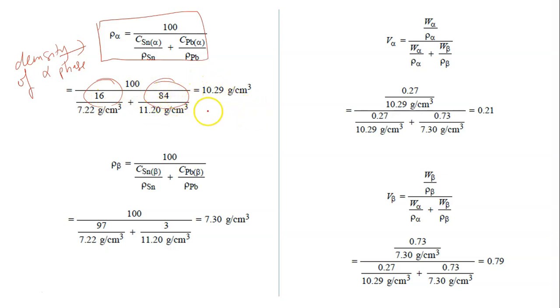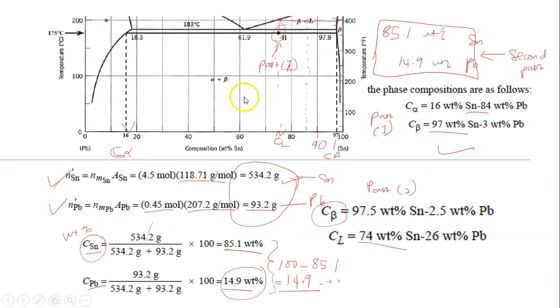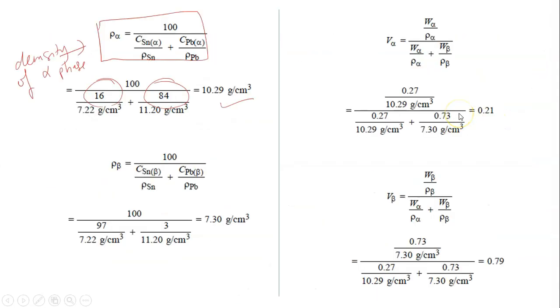Alright, so you'll get 10.29 g/cm³, because you know here the composition of tin in the alpha phase is 60 weight percent. So what is the composition of Pb in the alpha phase? It's 84 weight percent. Alright, here 84 weight percent. So now you get your density for the alpha phase.